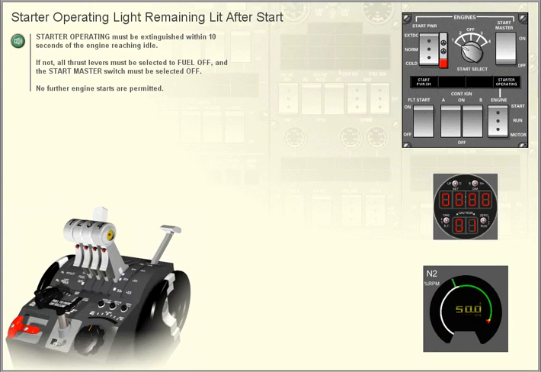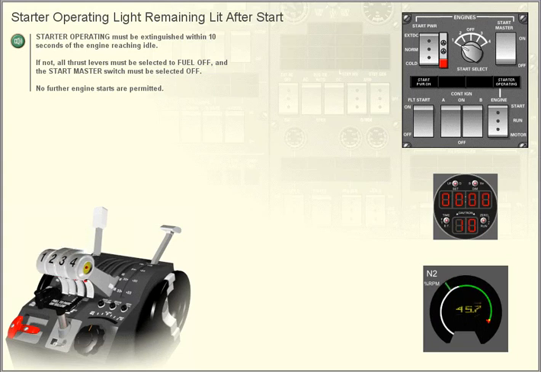If not, all thrust levers must be selected to fuel off and the Start Master switch must be selected off. No further engine starts are permitted.